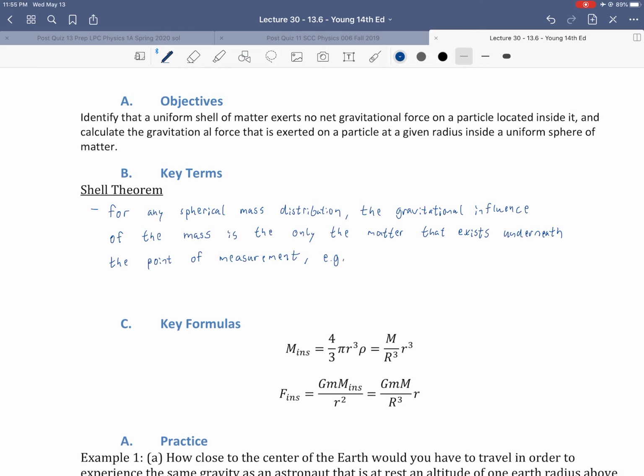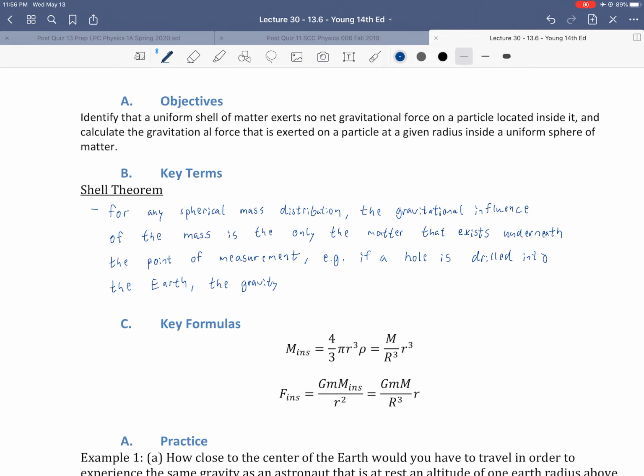All right. So in other words, e.g., if a hole is drilled into the earth, the gravity decreases as the influence of matter above cancels out.